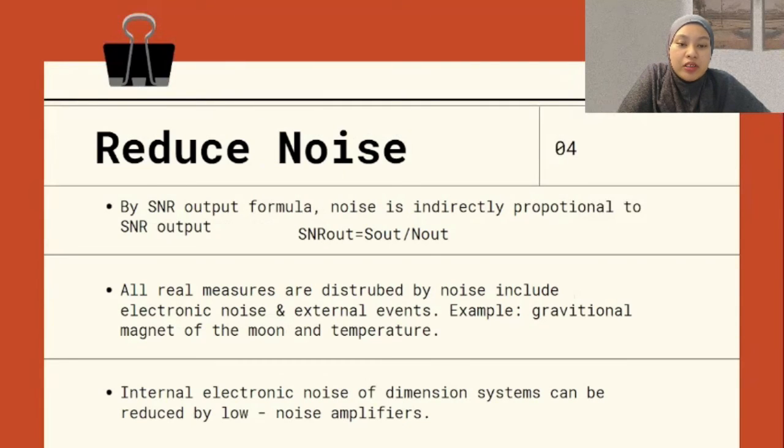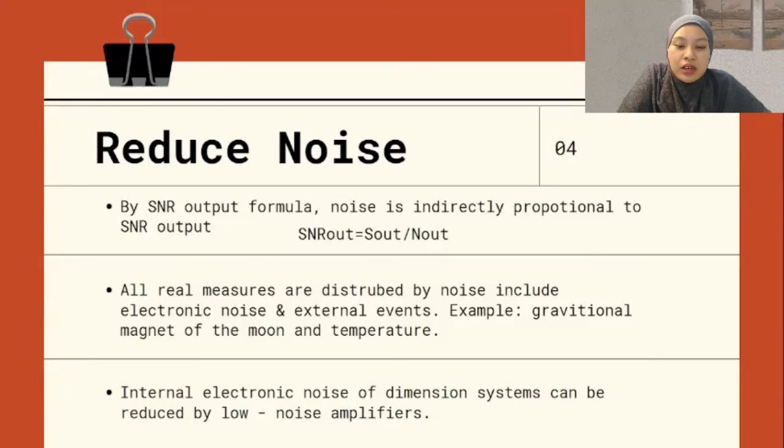And lastly, reducing noise. From the SNR output formula, we can see that the noise is inversely proportional to the SNR output. Thus, when the SNR output is increasing, the noise output will decrease.